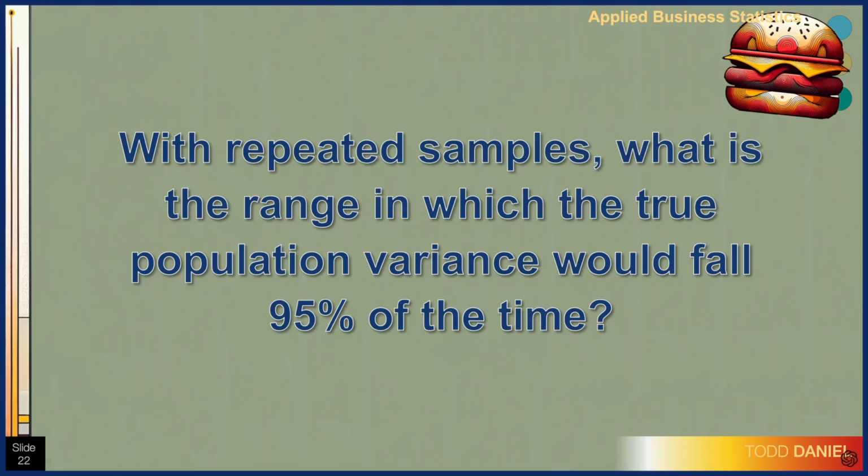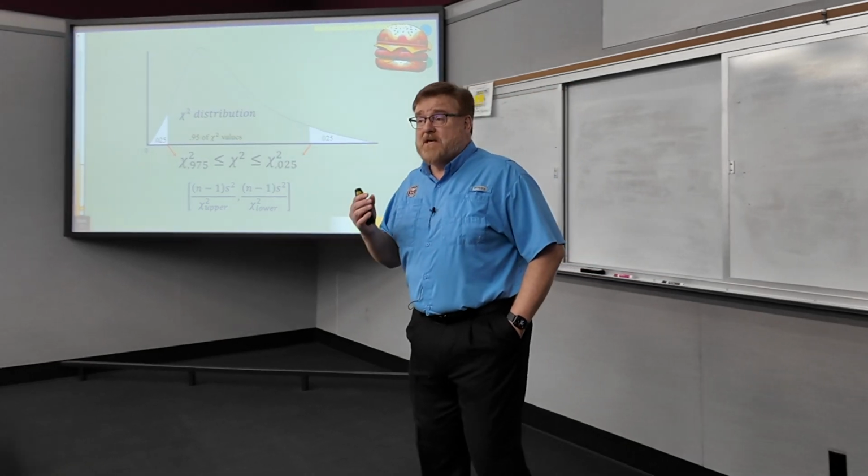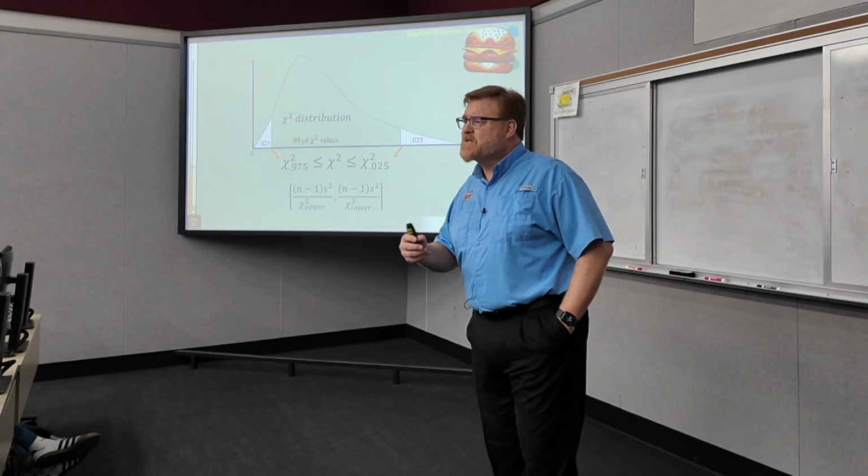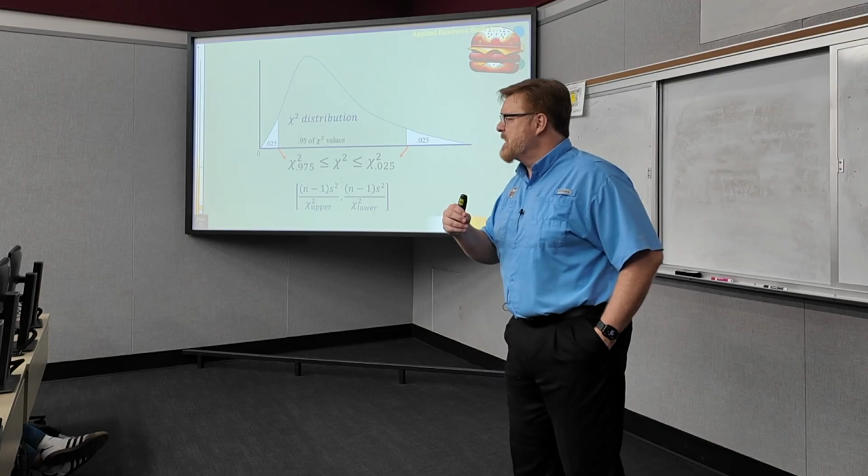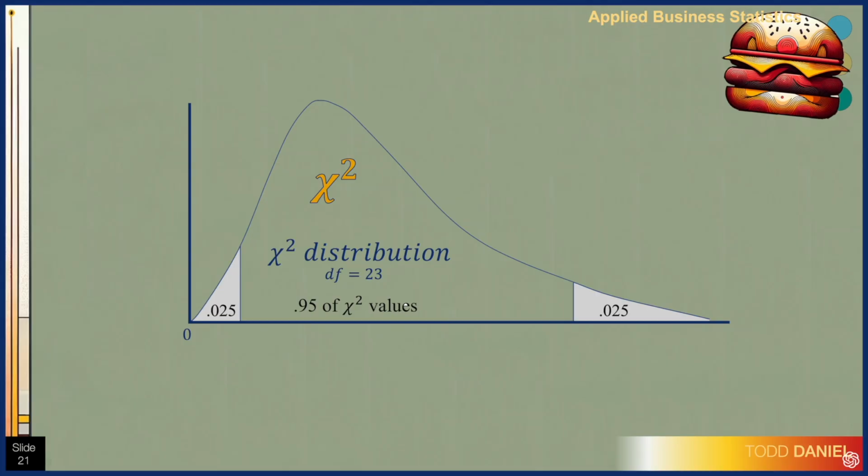If we have repeated samples, there is a range in which the true population value is going to fall 95% of the time. And this is called our 95% confidence interval. It'll work like this. I've already told you that we'll be using a chi-square distribution. It's based on the number of degrees of freedom or the sample size. So let's imagine it looks like this.